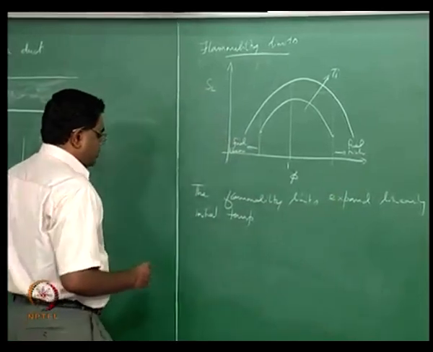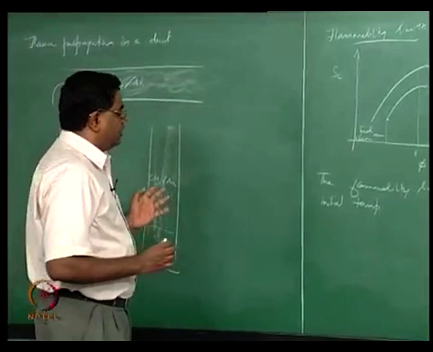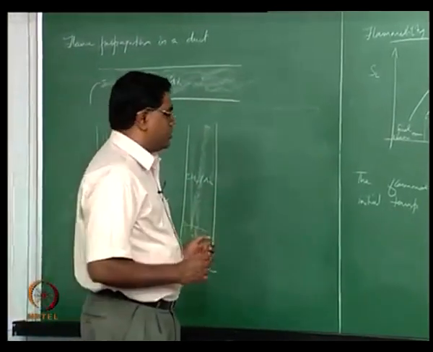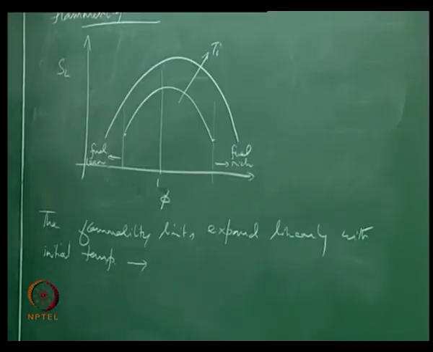So what you will find is the slope. If you try to actually look at how the slope of the limit change is with temperature, you will find that the coefficient or the slope for this relationship is higher for the fuel rich limit.